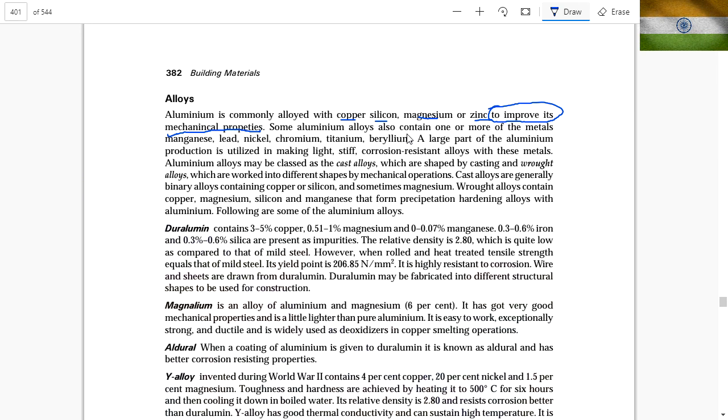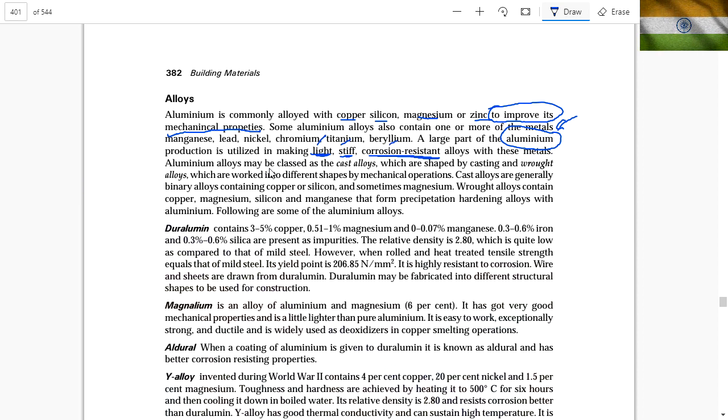A large part of the aluminum production is utilized in making light, stiff, corrosion resistant alloys with these metals. So, why are they added? To have very lightweight, stiff, corrosion resistant alloys, by adding this type of metal into the aluminum to get these properties.